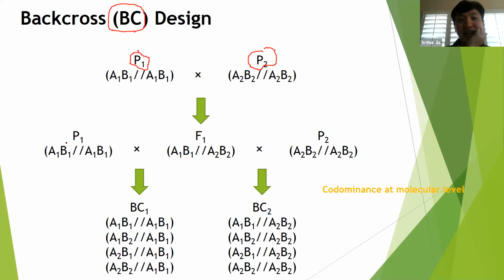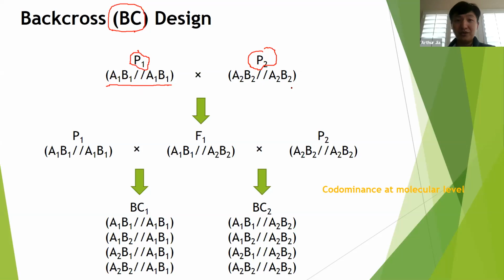All right, so now we start from 2 parents, 2 pure lines. The first parent is double homozygous, which means at these 2 loci, the first parent has the homozygous A1 allele, and at another locus the B1 allele. And for the second parent, we have the A2 allele and the B2 allele at these 2 loci.